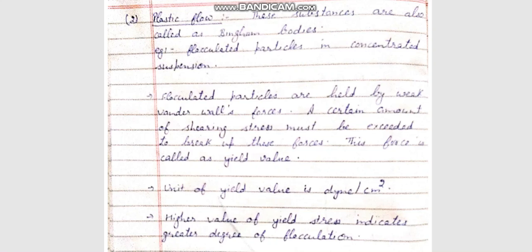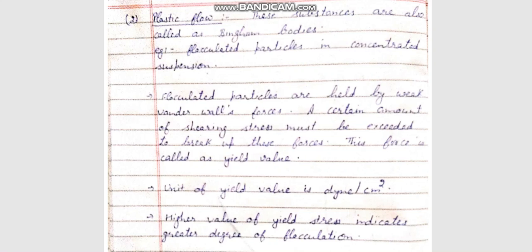Now, we are going to discuss the second type of non-Newtonian fluids, that is plastic flow. Plastic flow substances are also called Bingham bodies. An example in pharmaceutical preparations is flocculated particles in concentrated suspension.